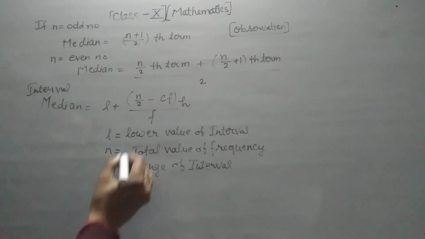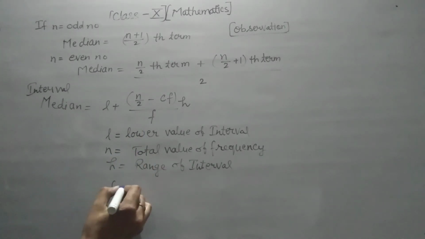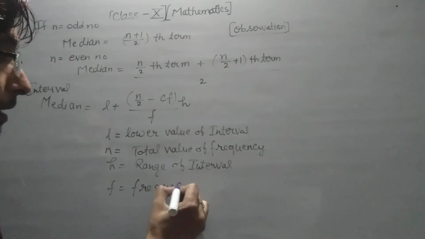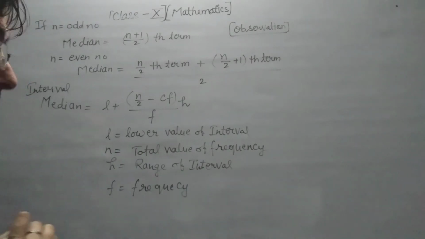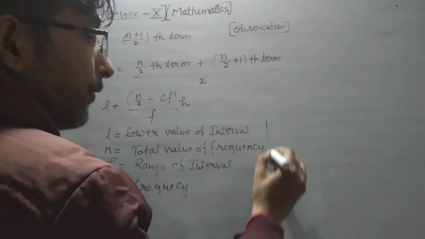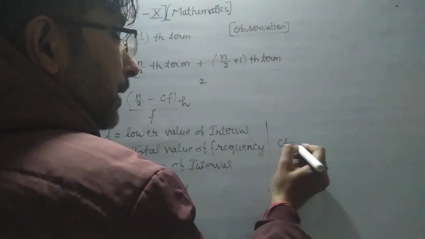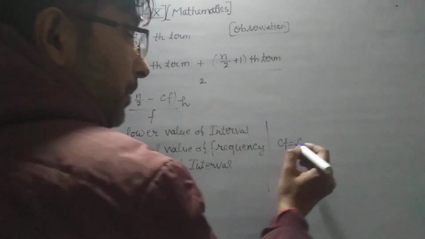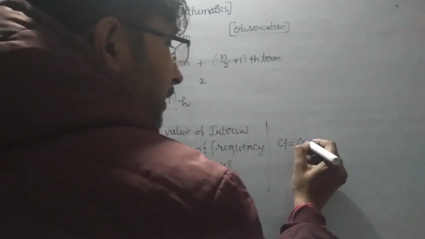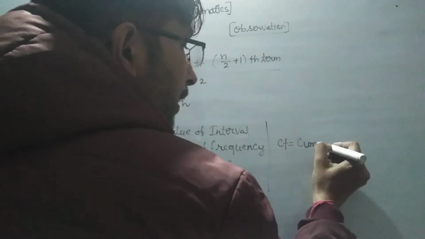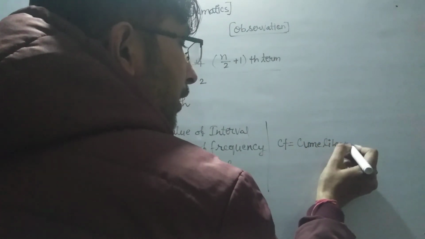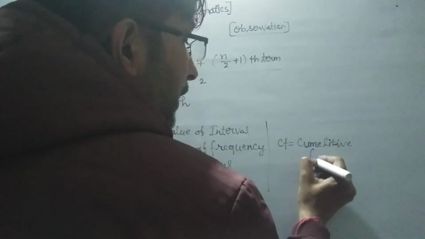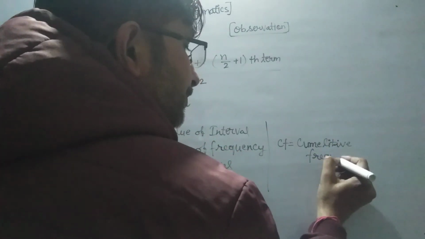Now we have to explain f. f is the frequency of the modal class, and what is the meaning of CF? CF means cumulative frequency. Okay, CF means cumulative frequency. This is known as cumulative frequency.